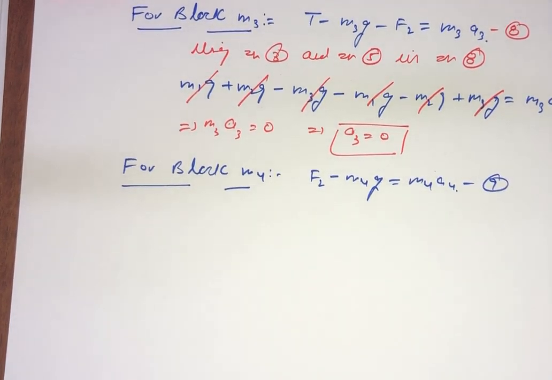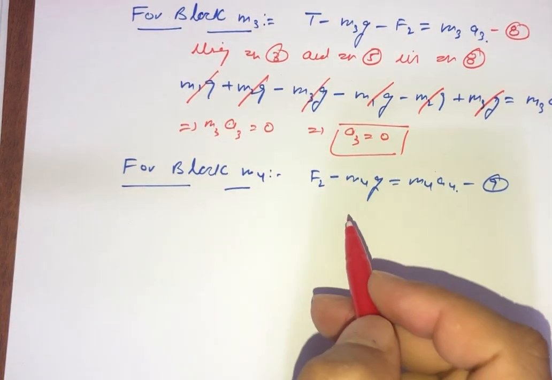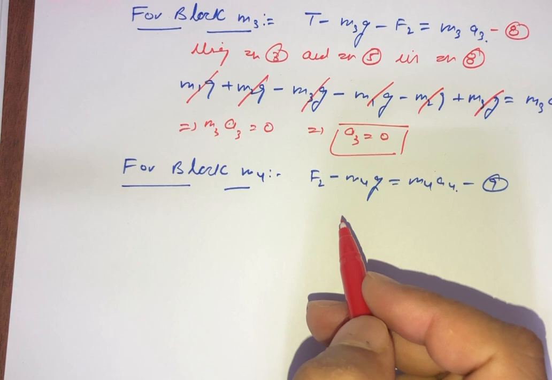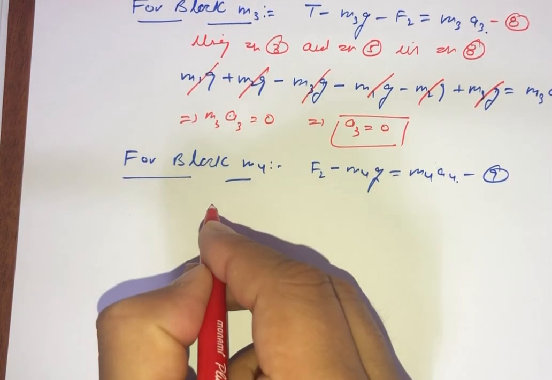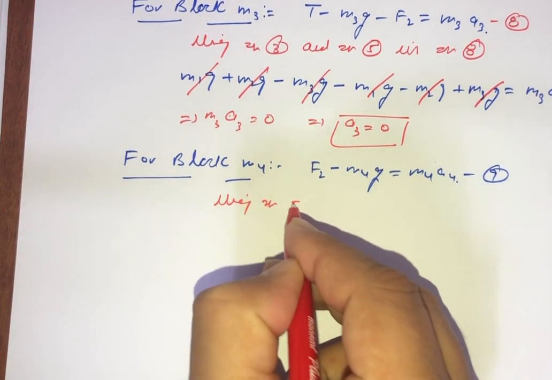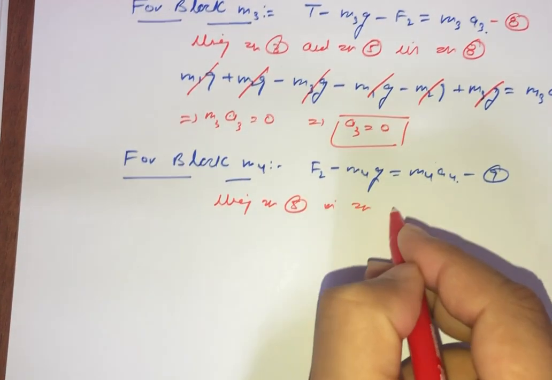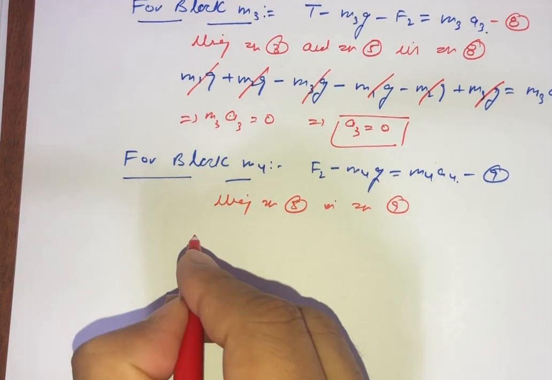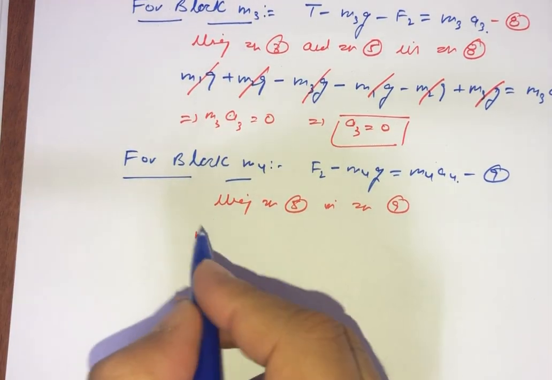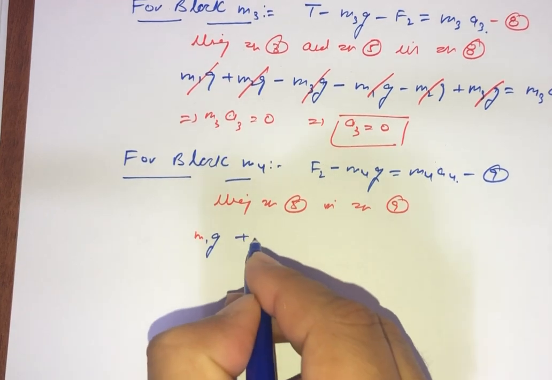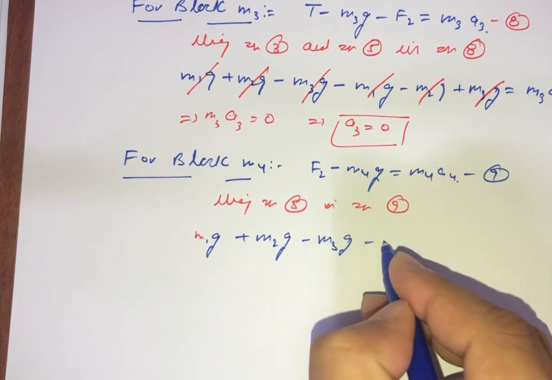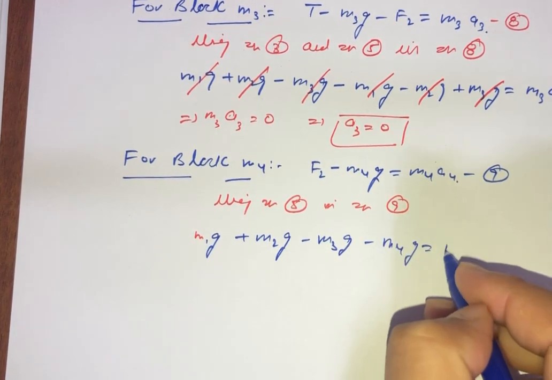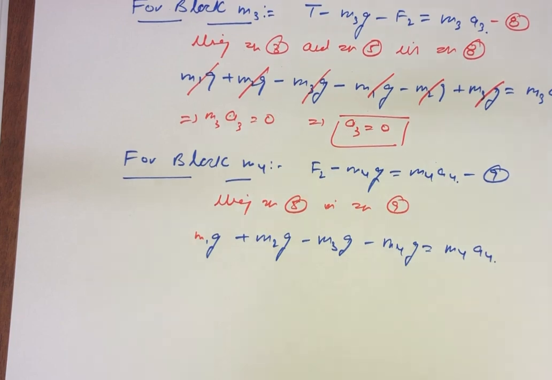We already found out F2, which is equation number 5, so using equation 5 in equation 9, F2 was given as M1G plus M2G minus M3G, and so M1G plus M2G minus M3G minus M4G is equal to M4 times A4.